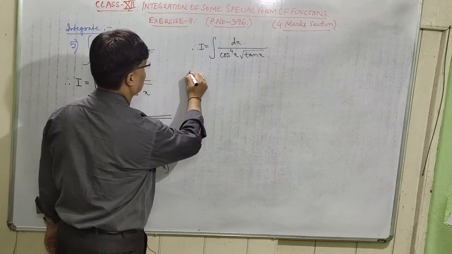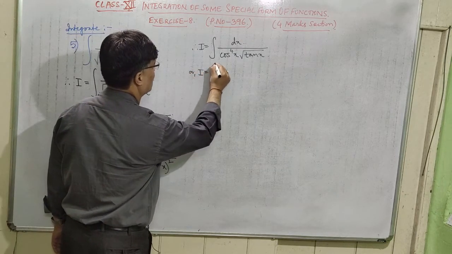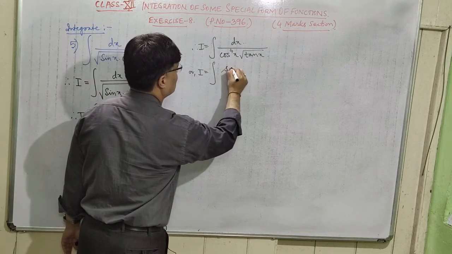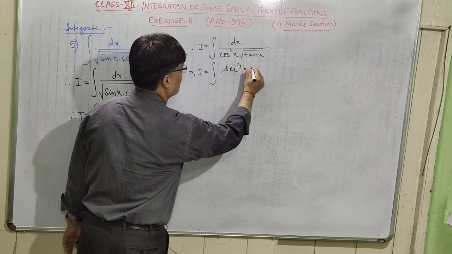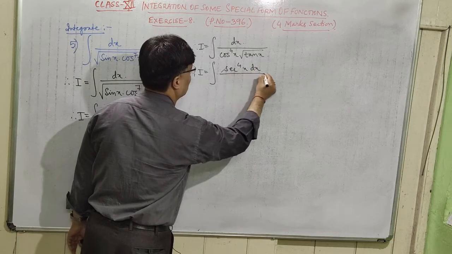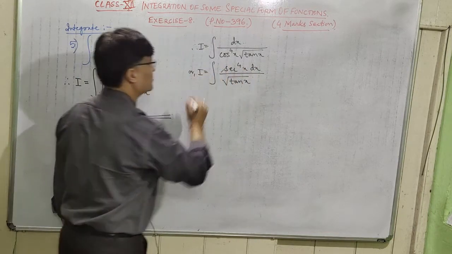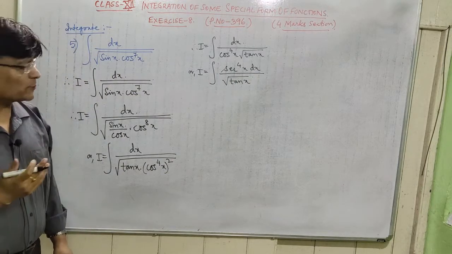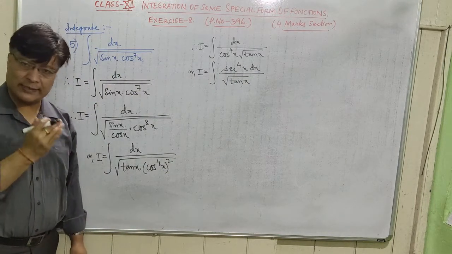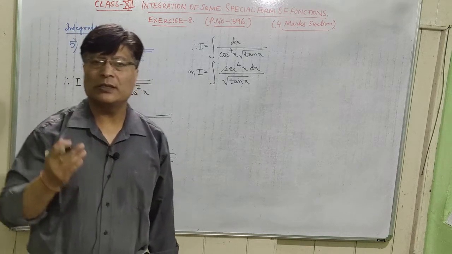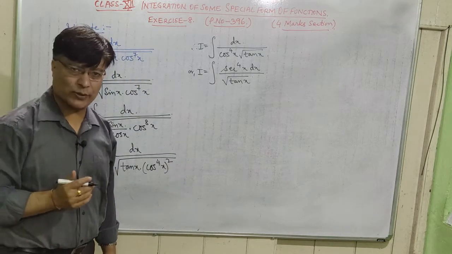So next, I is equal to the integral of, what is 1 by cos to the power 4x? You know that this is sec to the power 4x dx divided by the square root of tan x. The expression tan x is within a square root and in the denominator, and you know that the differentiation of tan x is sec square x.